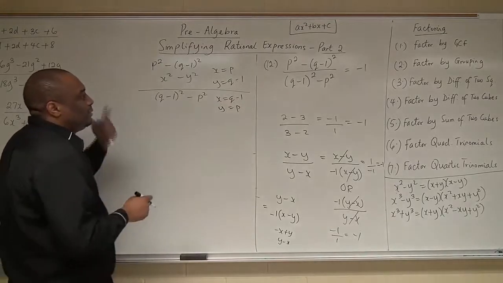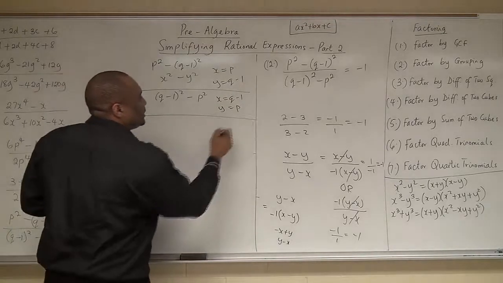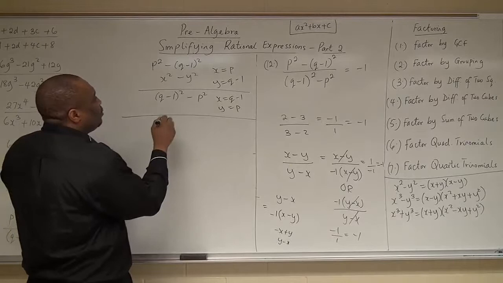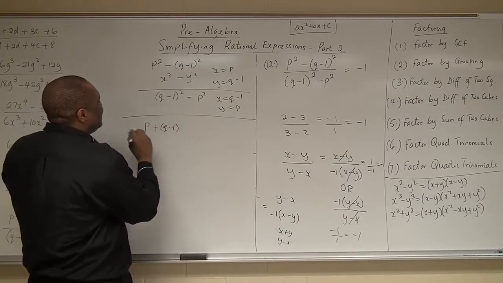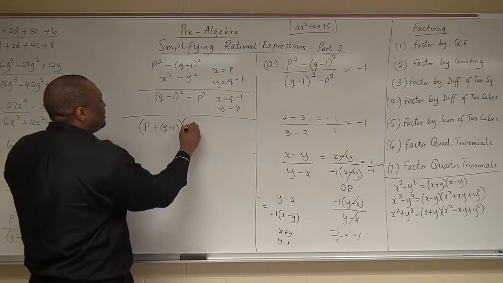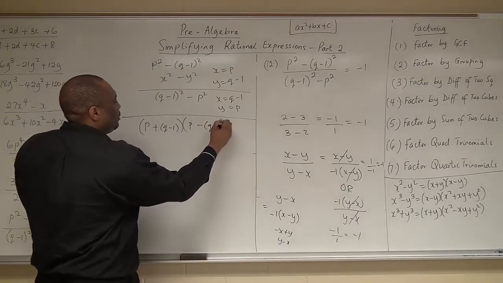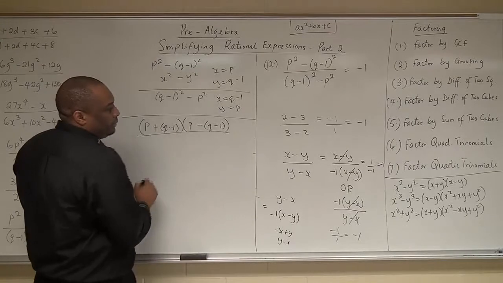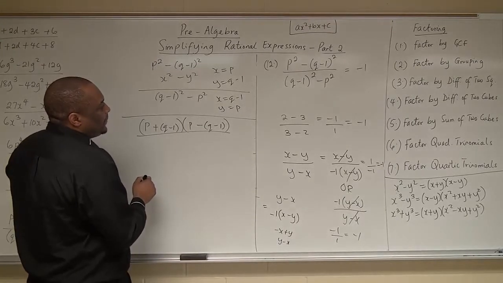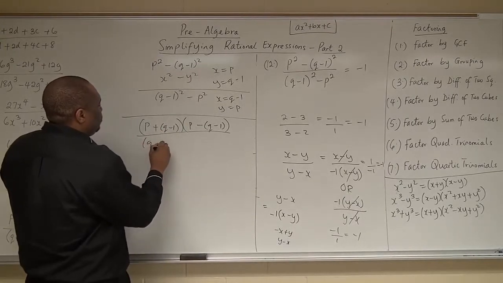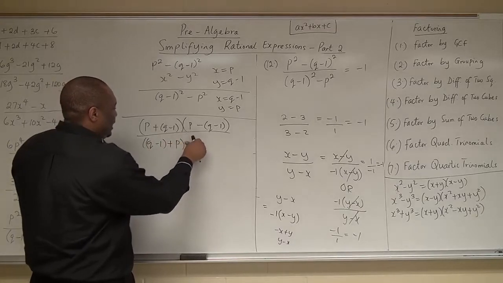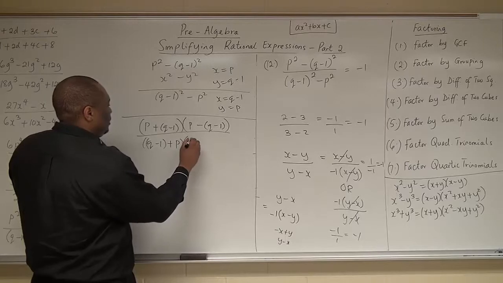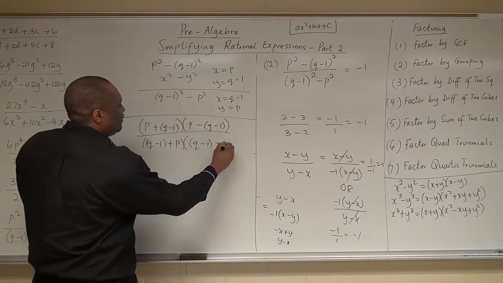Alright folks, let's deal with it. So this becomes x plus y, p plus q minus 1. I'm going to put this as an entity first, times p minus q minus 1, all over q minus 1, I put it as an entity, plus p, times q minus 1 minus p.